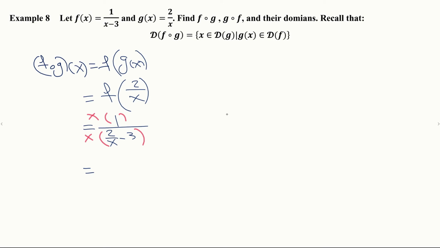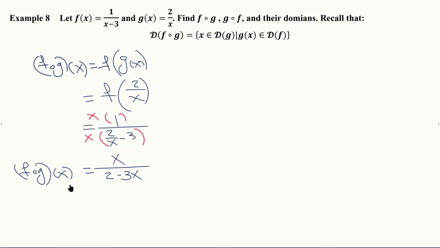All right, so notice that we end up with x over, here when you multiply x by 2 over x, the x's cancel out, so we get 2 minus 3x. Okay, so there's the expression for f circle g of x.